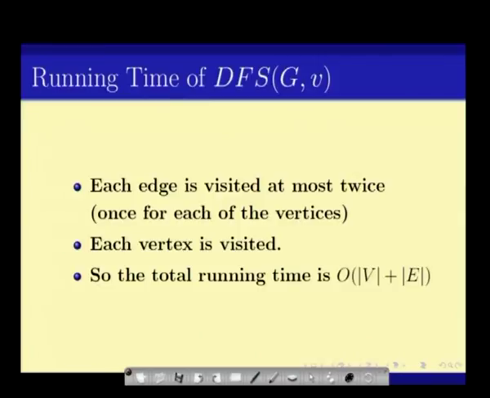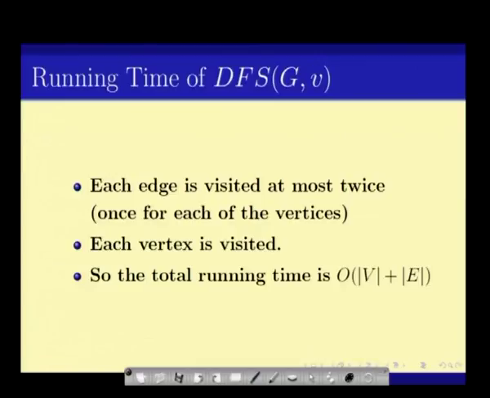So, for every edge we will look at it at most twice. Each vertex is visited at least once. So, the total runtime is order V plus E. Recall that the adjacency list, which is one of the most concise ways of representing a graph, also had input size order V plus E.